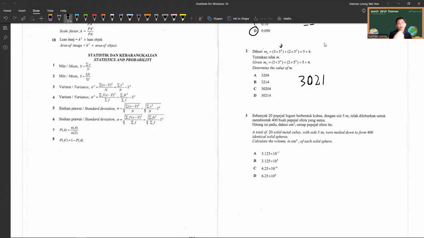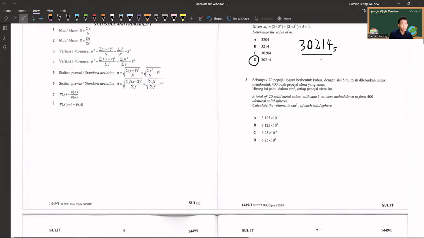Because anything to the power 0 is 1. Okay. Nombor apa-apa yang ada kuasa sifar adalah nilai 1. Okay. So we put 4. And asas 5. So jawapan yang betul adalah D.